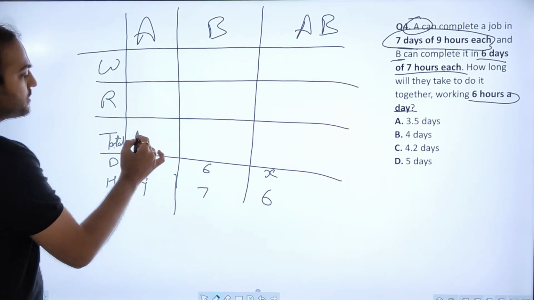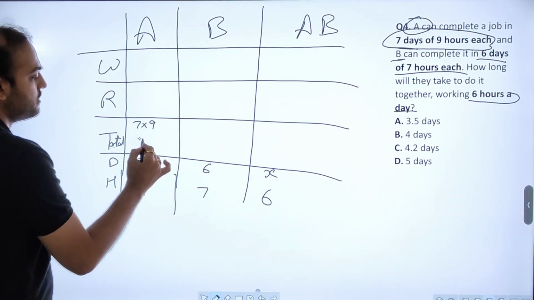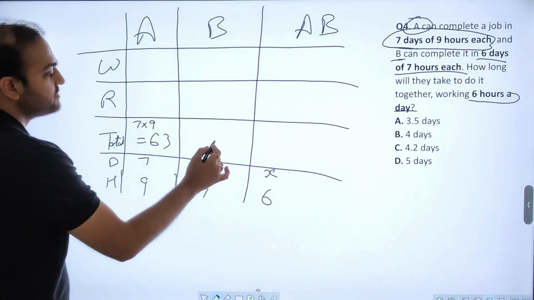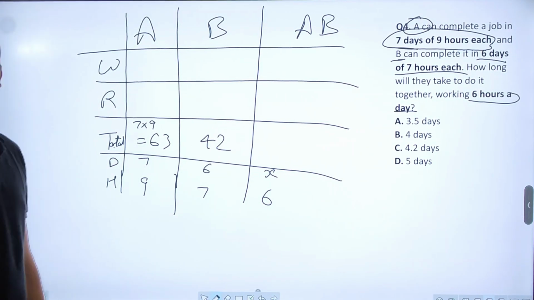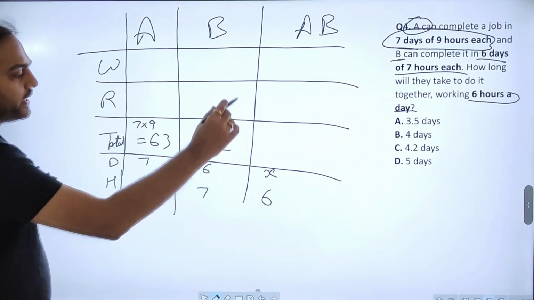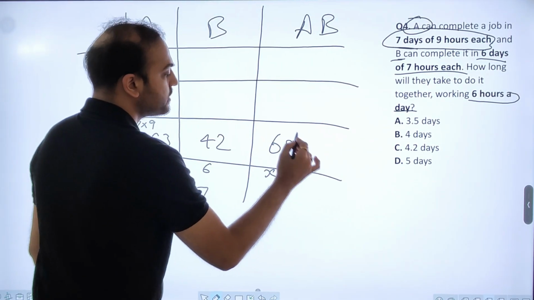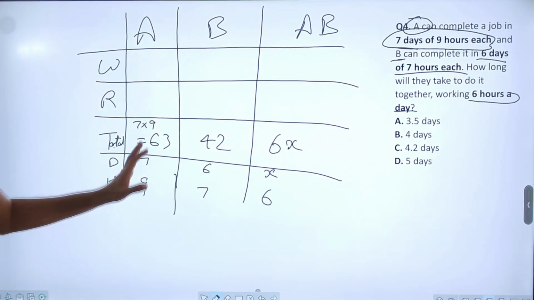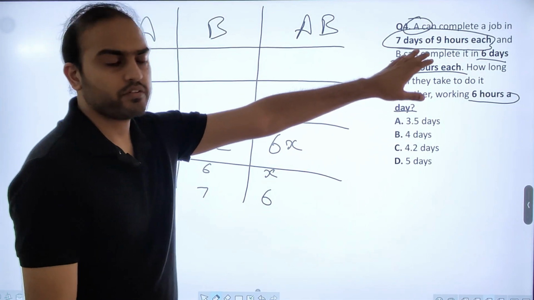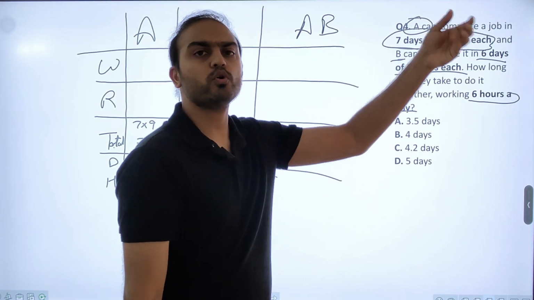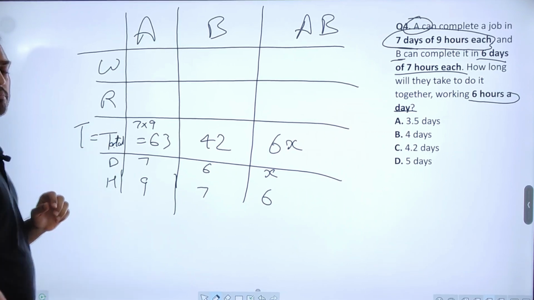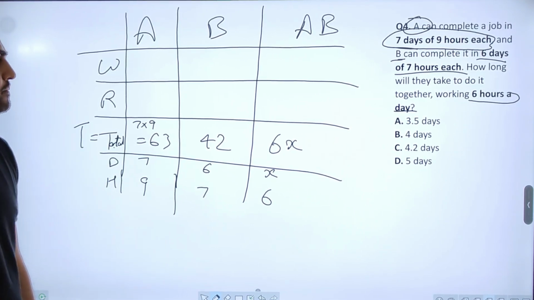That's 7 into 9, 63 hours, right? Similarly, B's total time will be 42 hours and A and B's combined time will be 6x hours. So what we have done is days and hours, we have combined them into total hours, which is my total time. So my time has become total time.